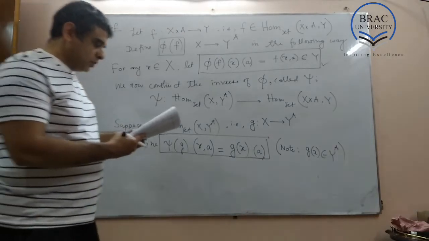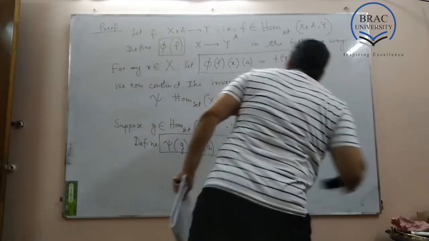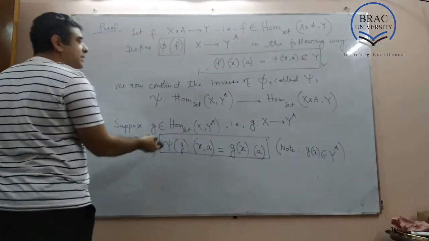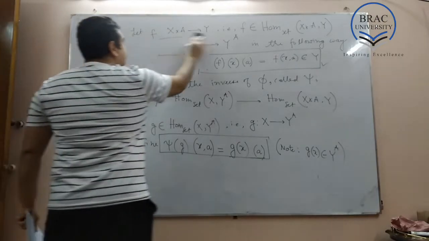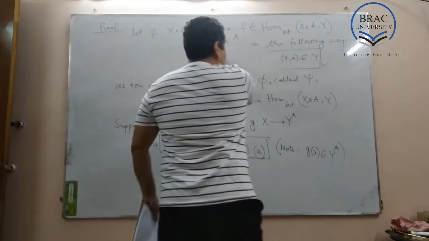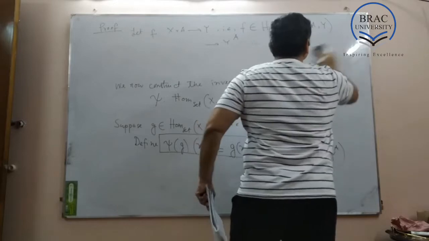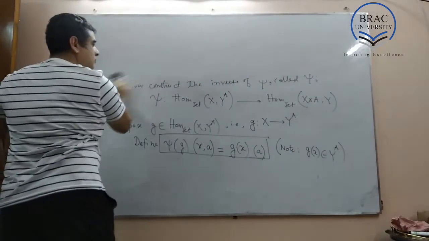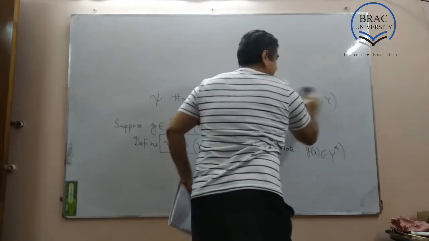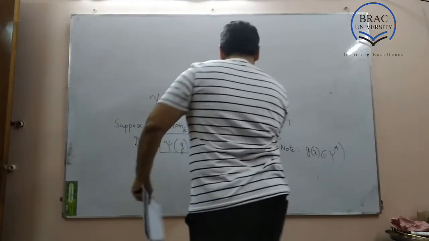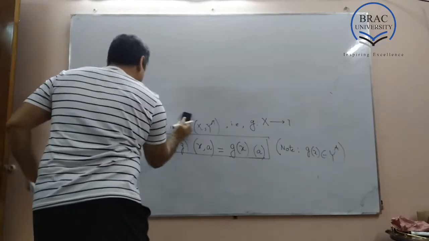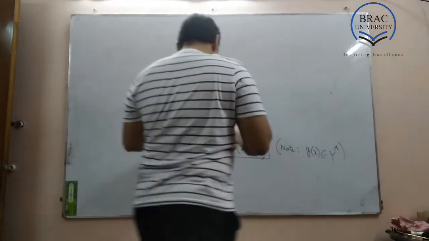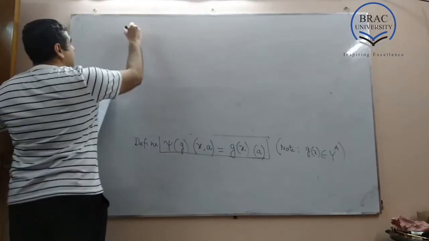Okay, all right. So now let's move on to the next step of showing that psi is indeed an inverse of phi. How do we do that? Okay, so let me write down this map first.